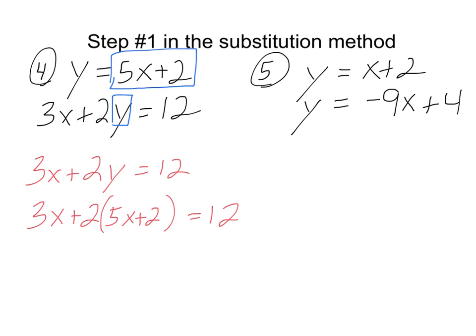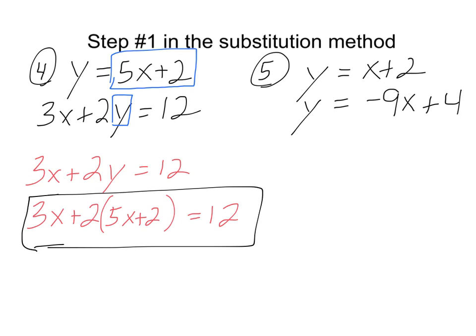And there you go, guys. This is step 1 of solving a system using substitution. So take a look at number 5, write it down, pause the video, and try it yourself. Once you complete step 1, hit play, and hopefully my answers line up with yours. Go ahead.